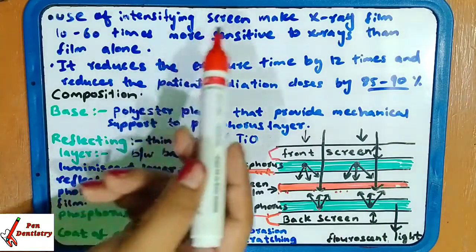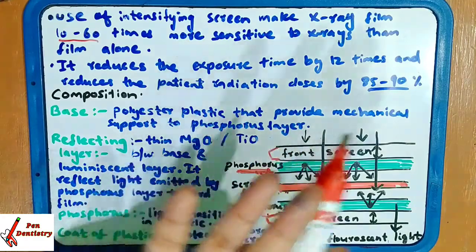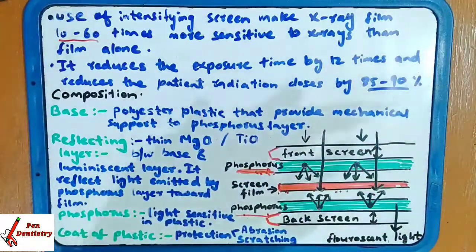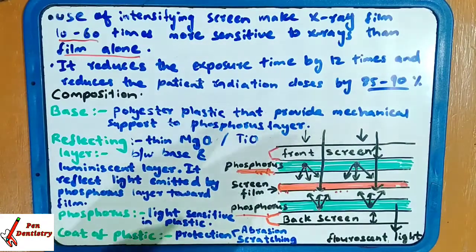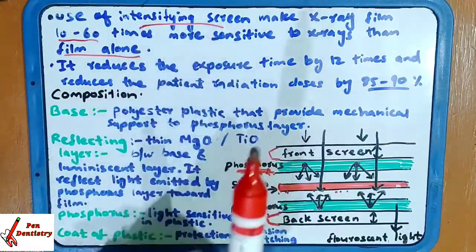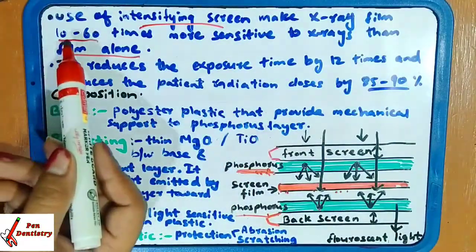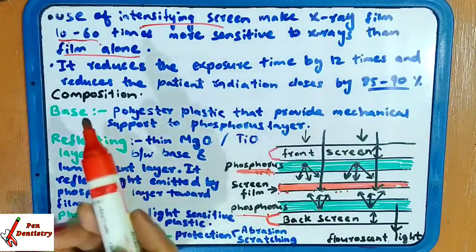Use of an intensifying screen makes the X-ray film 10 to 60 times more sensitive to X-ray than film alone. When we use film alone, it takes a lot of time, but if we are using an intensifying screen, it reduces our time to 10 to 60 times less than film alone.